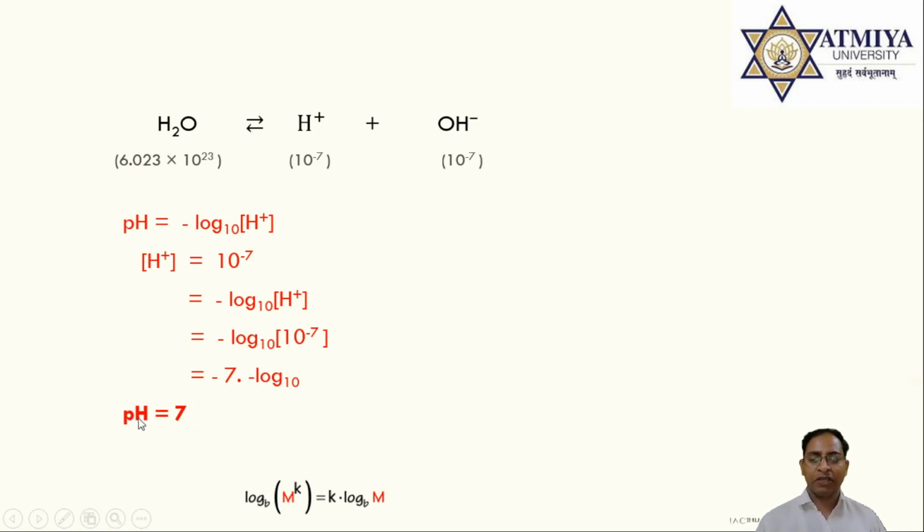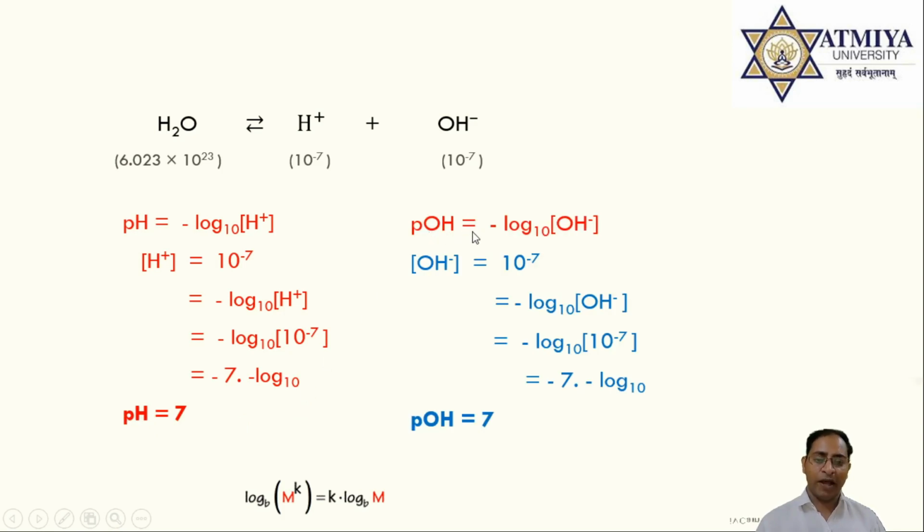Here the pH means H is hydrogen, and P means power or potential. So I can say the power of the hydrogen ion or the potential of the hydrogen ion. Just like I calculate the pH, I can also calculate the potential of the hydroxyl ion, which I can call the pOH.